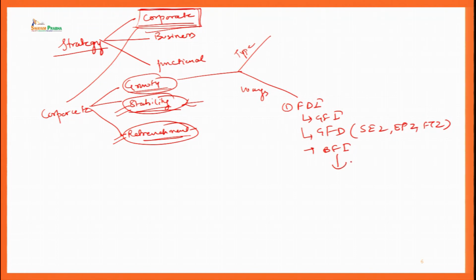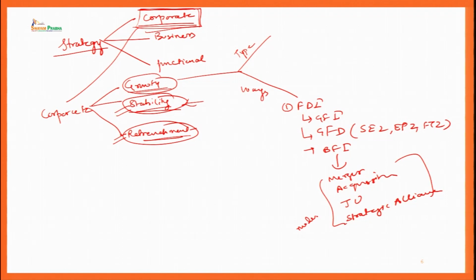And brownfield investments are like mergers, acquisitions, joint ventures, and strategic alliances, right? So this is what we have already discussed in the previous lecture. These are the different modes of entry in the international market, so these can be the different ways of growing your business beyond your country.